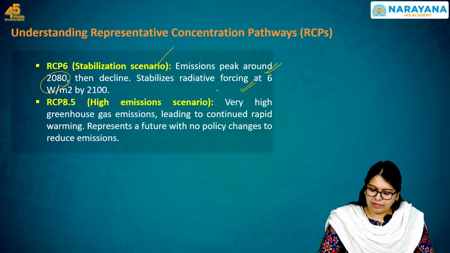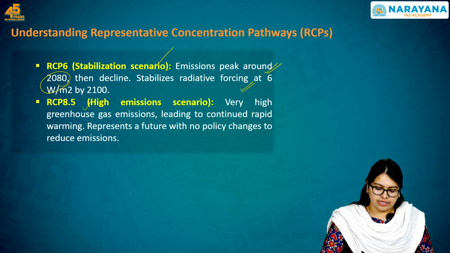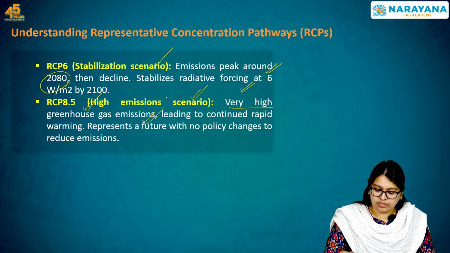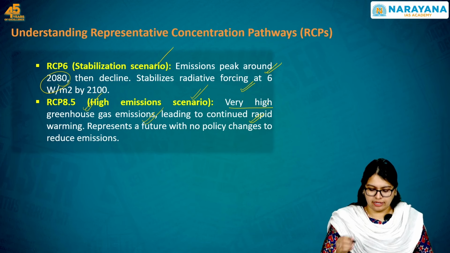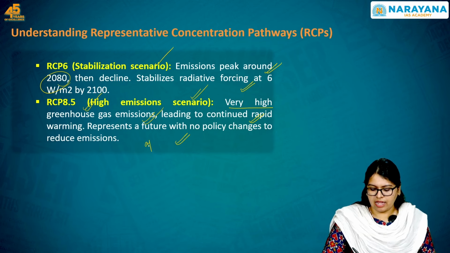Here it stabilizes radiative forcing at 6 by 2100. And the last one is RCP 8.5, which is the high emission scenario, with very high greenhouse gas emissions that lead to continued rapid warming. This represents a future with no policy changes to reduce emissions, and this will result in the apocalypse.